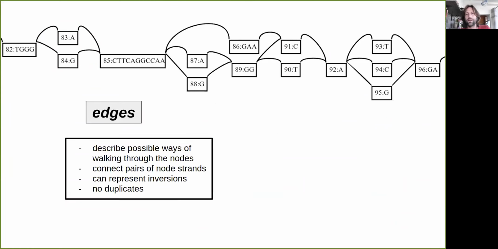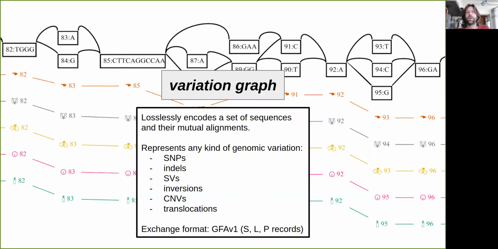In total, this model allows us to not just represent variation, but to losslessly encode a set of sequences and their mutual alignment, implying all the variation between them, and any kind of variation that we know of. Because the graph can have inversions, cycles, and large-scale translocations, just as well as it represents SNPs and indels.